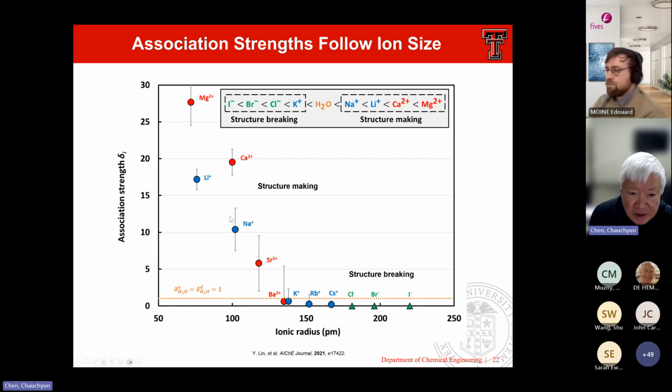With density data, in the presence of structure-making ions, the density goes up when these ions are introduced, while with structure-breaking ions, when these ions are introduced, the density of the solution will go down.